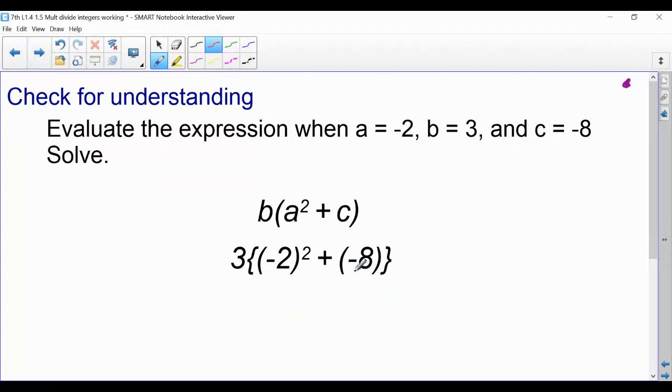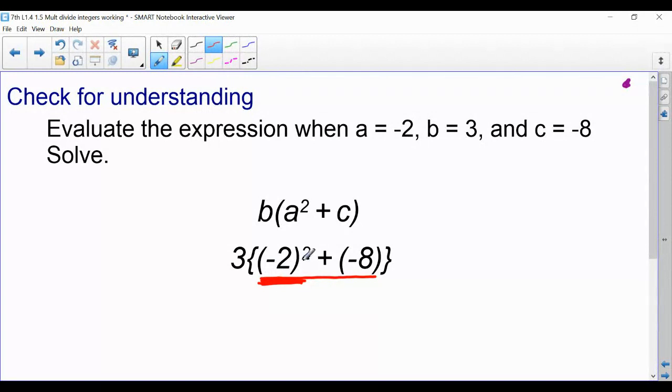Here we have our correct expression, and now we need to solve it. So orders of operations, we need to do parentheses first. These brackets act as parentheses. They just look different so that you can tell there's two sets here. So we have this long mathematical expression inside of the brackets, but inside of that, we have this exponent that we need to take care of first.